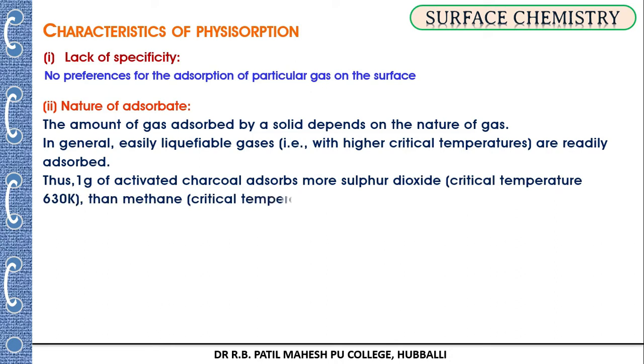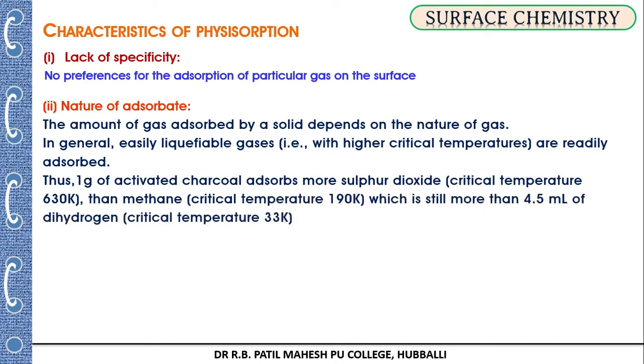Thus, 1 gram of activated charcoal adsorbs more sulfur dioxide because of its high critical temperature of 630 Kelvin than methane with the comparatively low critical temperature of 190, and it is still more than 4.5 ml of dihydrogen that has the lowest critical temperature of 33 Kelvin. So students, last year only you studied as critical temperature increases, its ability to get adsorbed on the surface also increases.